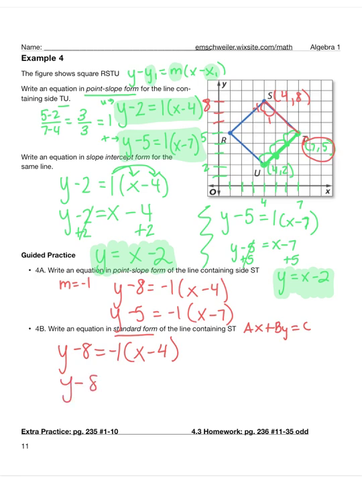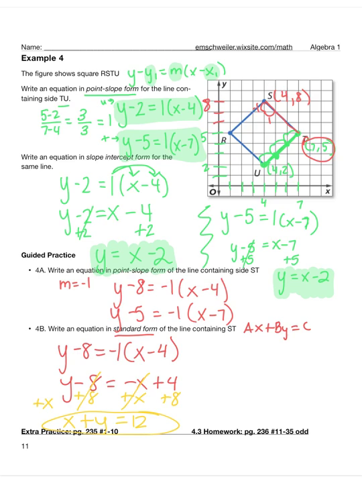So I'm going to distribute negative x and positive 4. So now I want to move the 8 with the 4 and the x with the y. So it'd be x plus y equals 12, and that is an okay form for standard form.